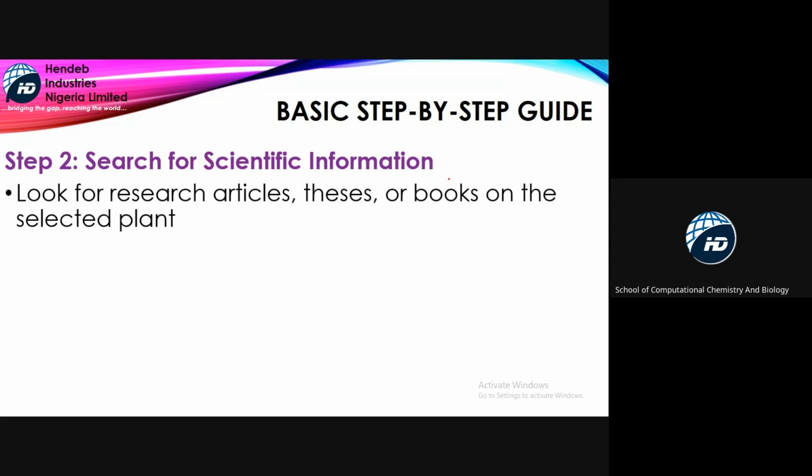If you choose that analog, then you begin to look for research work that has been done on those analogs, their derivatives, and the biological activity that has been carried out. Most importantly, these are what you look out for.